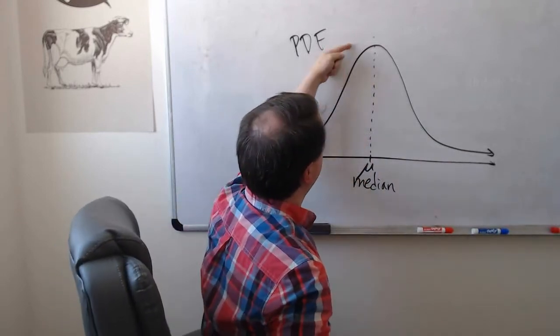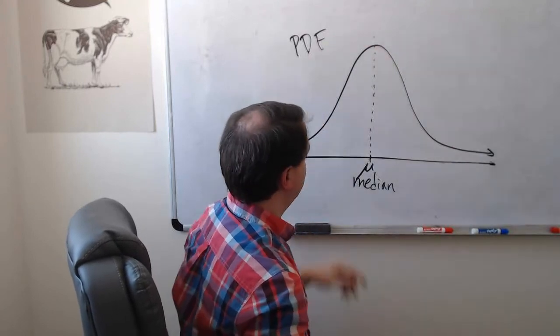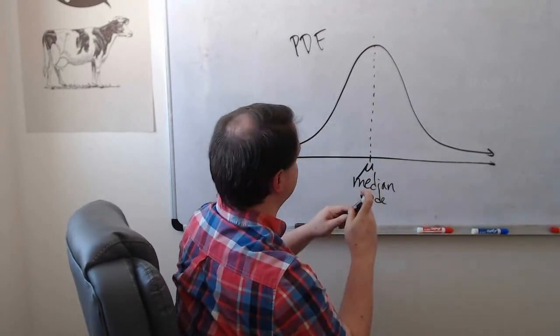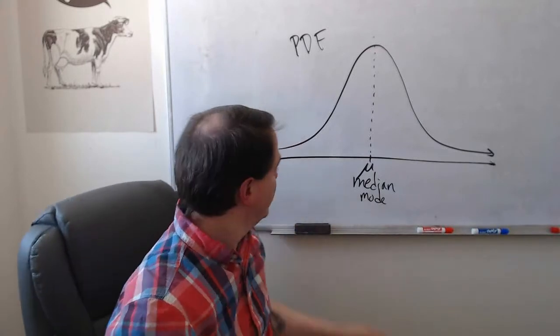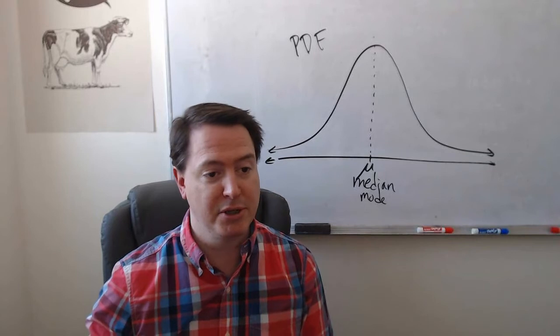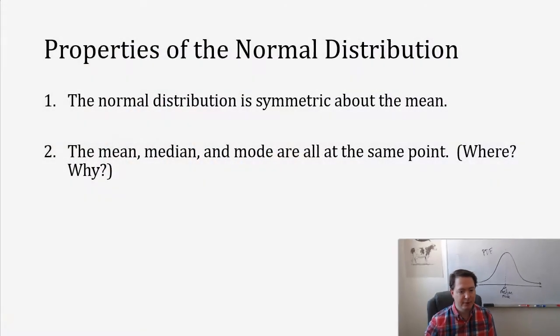And I want to throw out one more thing. This peak right here is the mode of a distribution. I would expect to get this peak value more often than any other value. So that's the mode. So the mean, median, and mode are all in exactly the same place for a normal distribution.